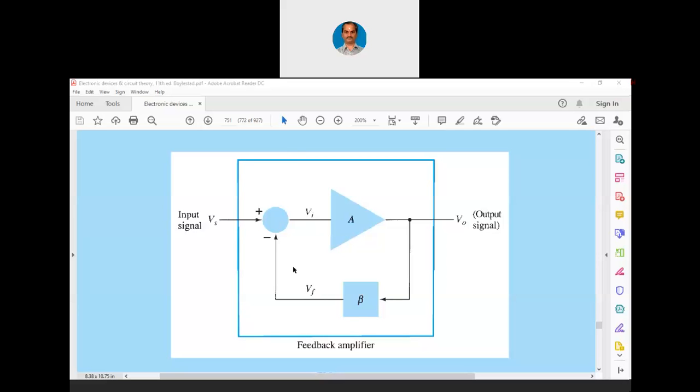And because we are subtracting, this is called negative feedback. If at all we add, then it is called positive feedback. That positive feedback we will see later on. Right now we are focusing only on negative feedback. So with this brief recap of whatever we discussed yesterday, let me continue now for today's discussions.